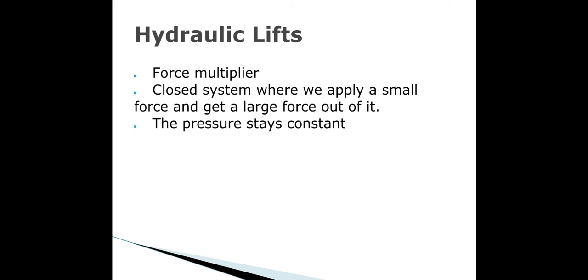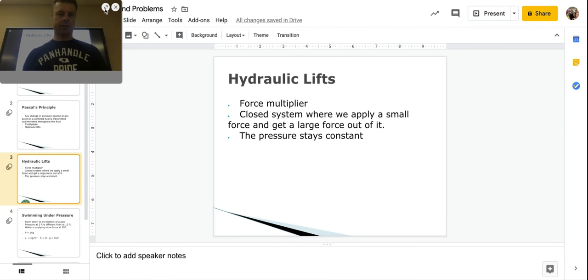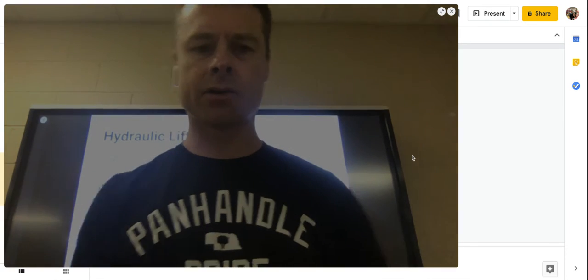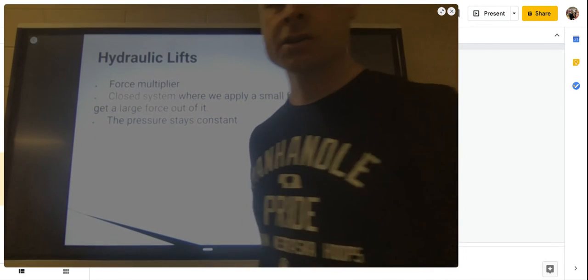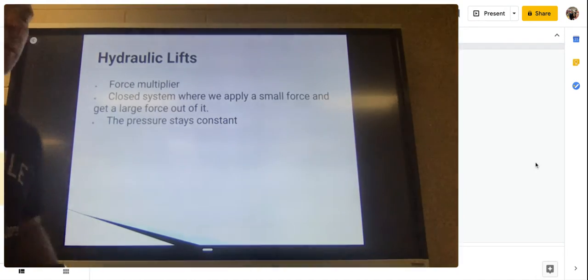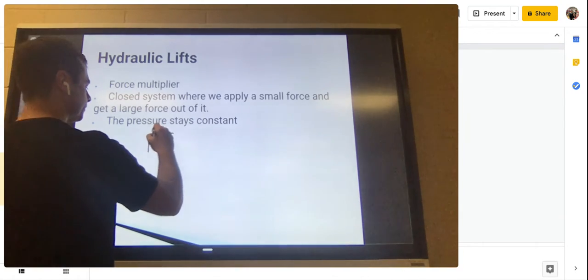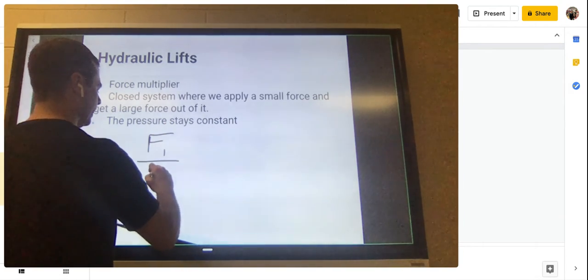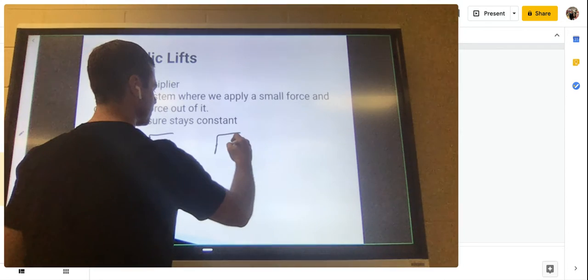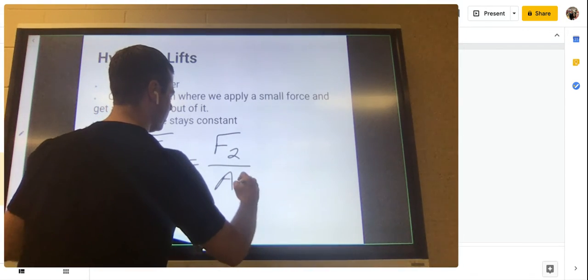So for us, what we're going to look at is our first equation. I'm going to write this equation on the board here so you can see it. I'm going to make that larger for you. Okay, so our hydraulic lift equation, sometimes you'll see it like this: force 1 over area 1 equals force 2 over area 2.